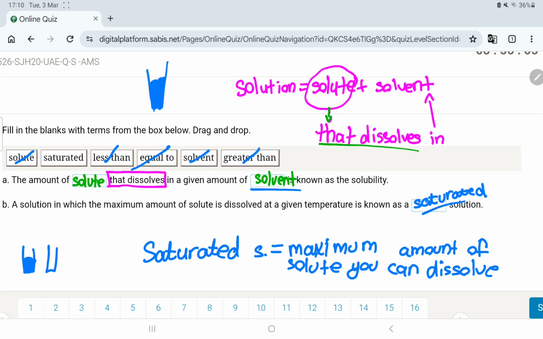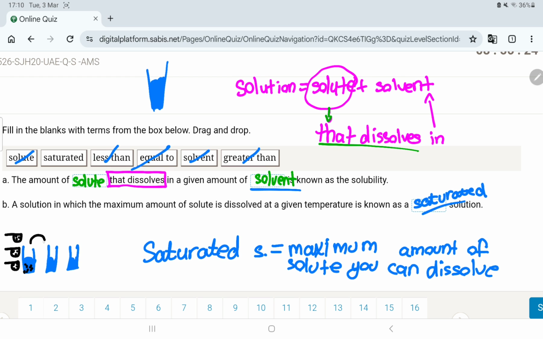Let's say in this one, I'm just gonna put 3, to have an extra in case anything happens. Let's say here you have 3 spoons of salt and you put the salt in.